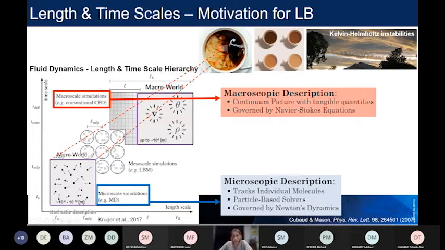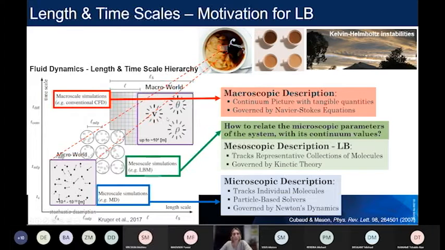At the micro scale, we also have some computational techniques, especially molecular dynamics, for example, using the Newton dynamics. And we've got some particle-based solvers that can track individual molecules. Again, those techniques are very expensive computationally, and they give us some information at the micro scale, but then we can't necessarily relate back to the macro scale phenomena that we want to observe.